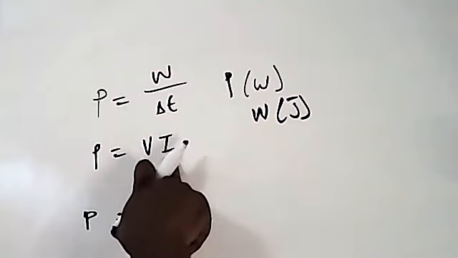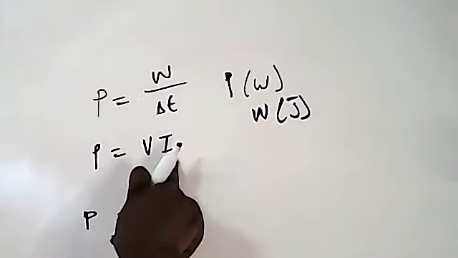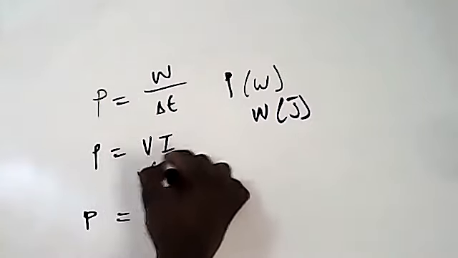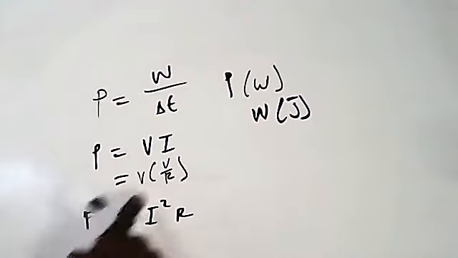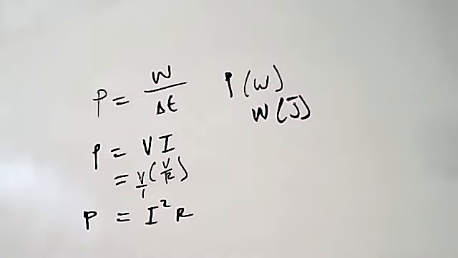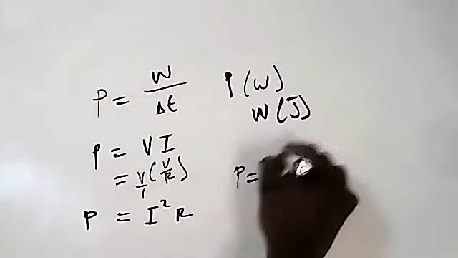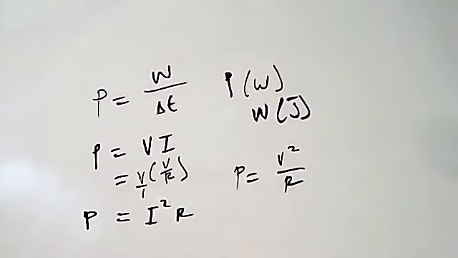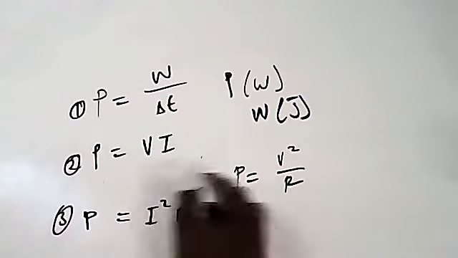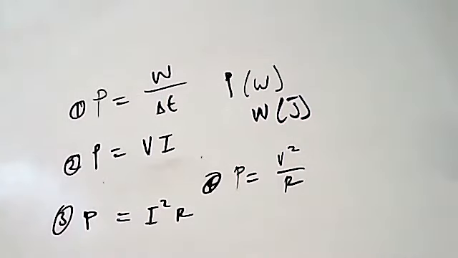Also, we know that I is given by V over R. So P = V multiplied by V over R, which is V squared over R. So P can also be given as V squared over R. Those are the 4 formulas you can use to calculate power, depending on what you have. I hope that makes sense.